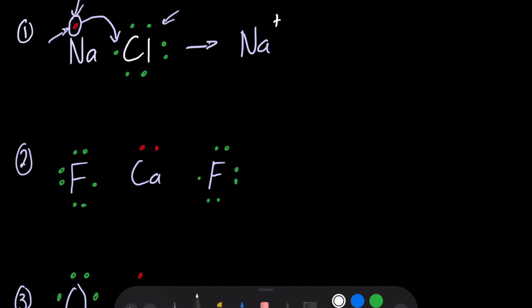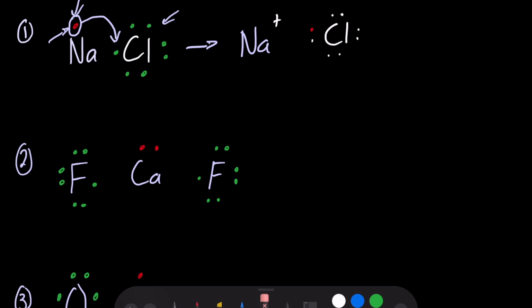Now we cannot forget about what happened to Cl here. So Cl gained one electron, so we have to draw all of its valence electrons now. Actually, I'm going to switch the one it gained to a different color. I'll switch it to red. There we go. So this red electron is the one that chlorine gained, and since it's now a charged atom, it is an ion.